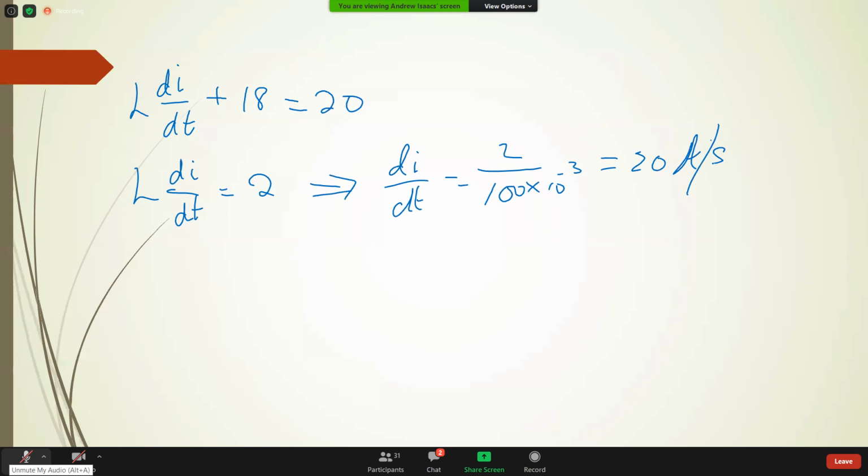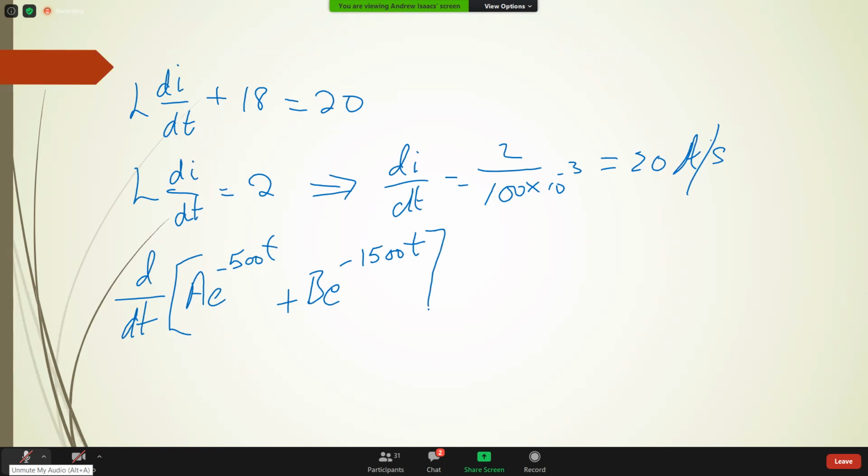How does that help us? We know that I, what was the expression for I? So if I differentiate the current expression, which was A e to the minus 500t plus B e to the minus 1500t, I know that this now is equal to 20.